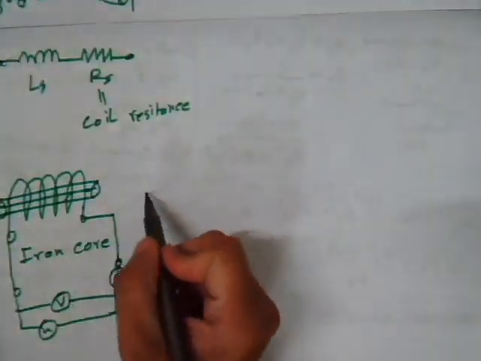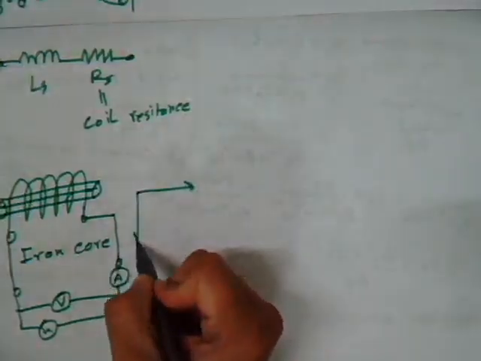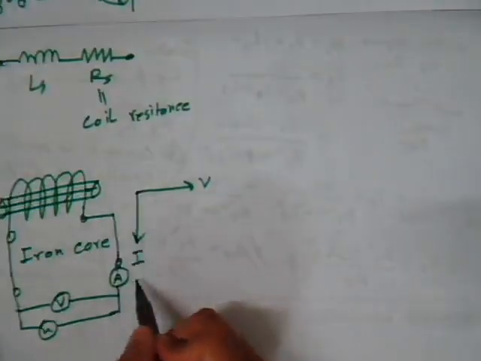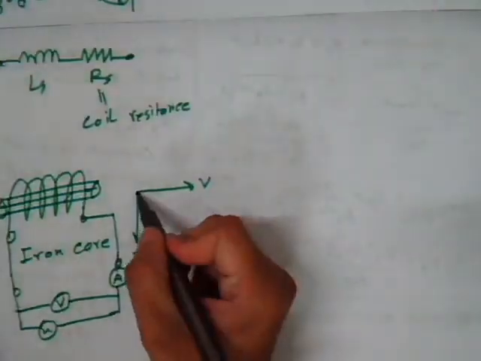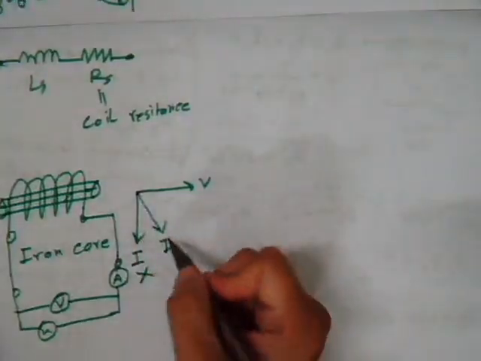So if this is the voltage, the current is not here at 90 degrees. So this is not the case. Rather, I shall find the current to be here.